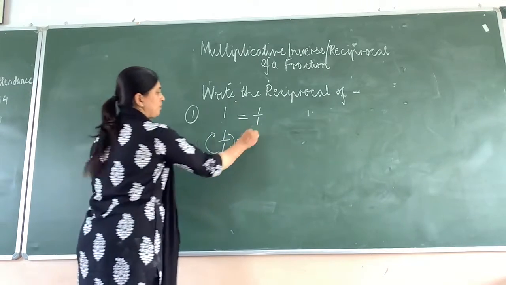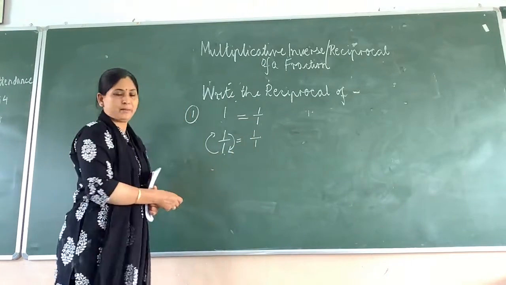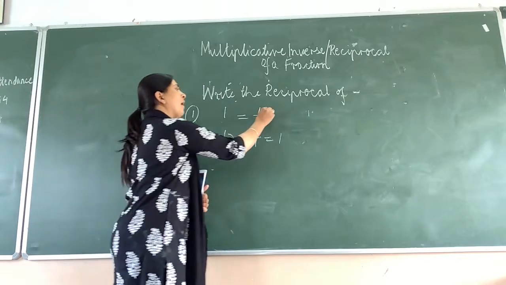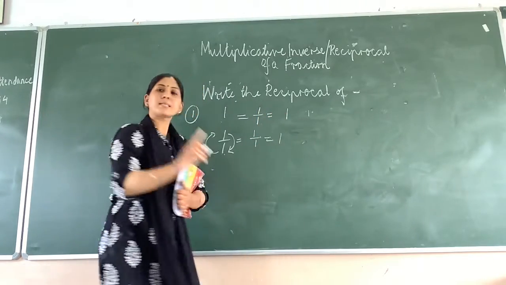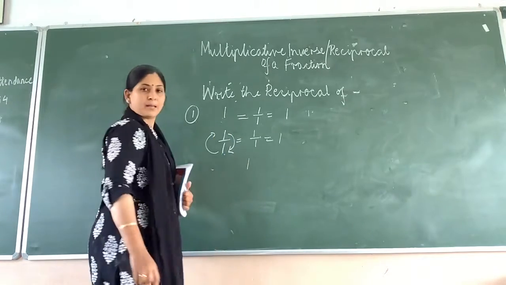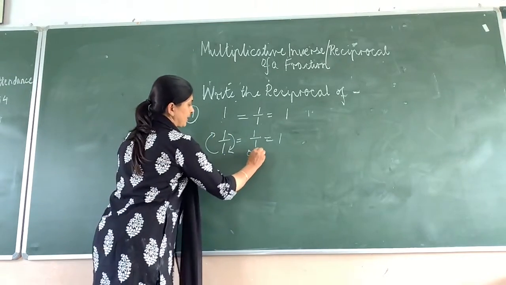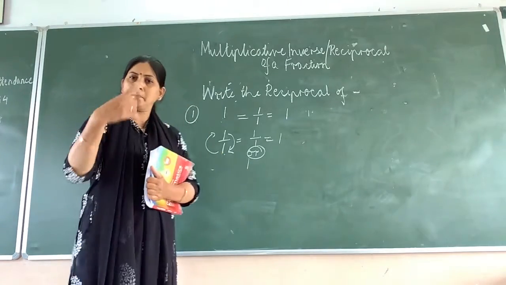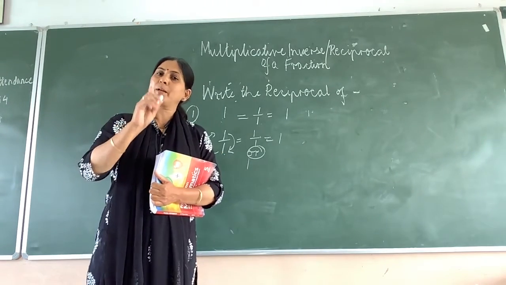So it will be 1 over 1 only. 1 over 1 means 1. So the reciprocal of 1 is always 1, children. Let me explain it another way. Now see, 1 should be multiplied by which number so that their product is 1?